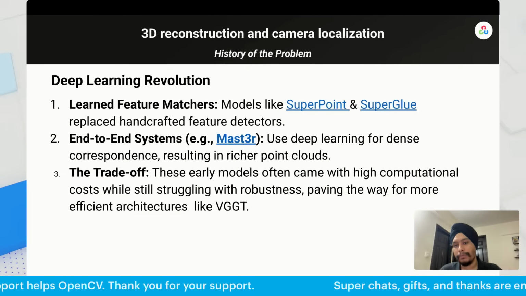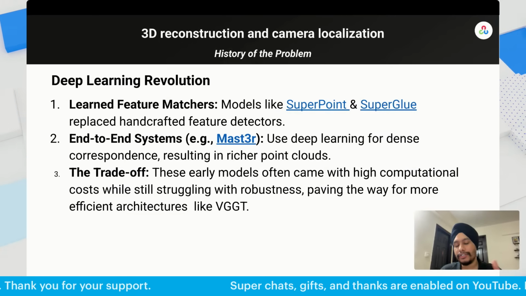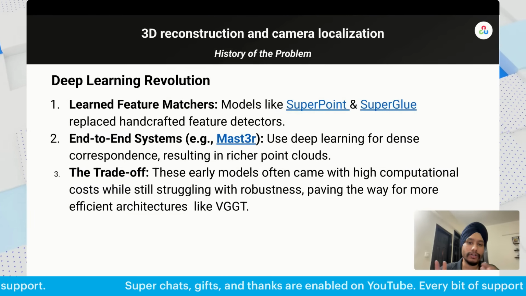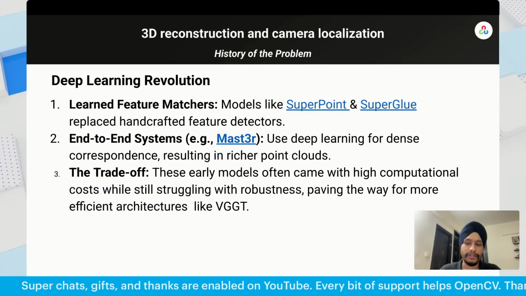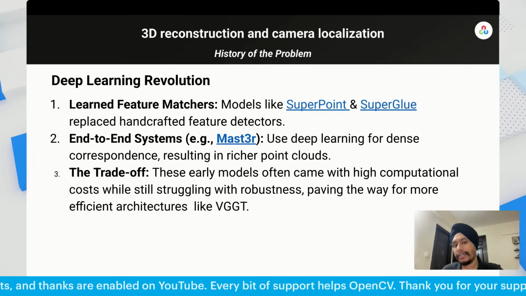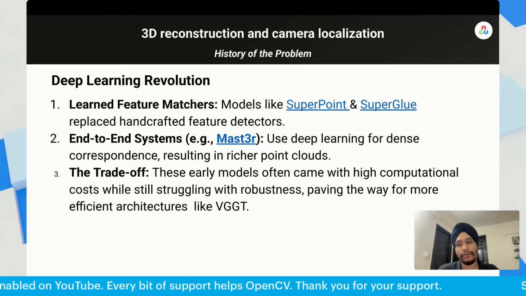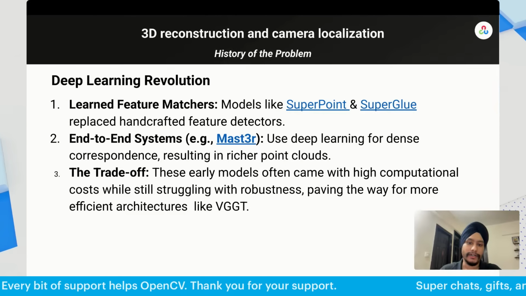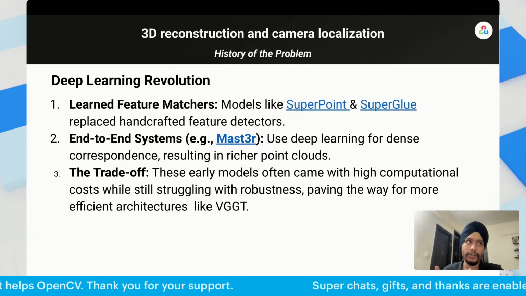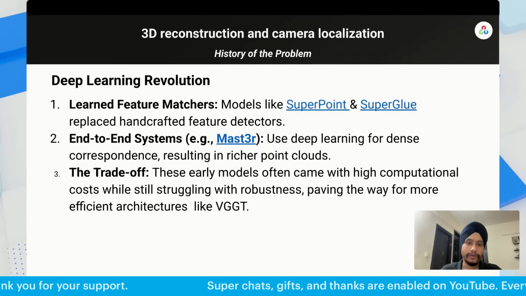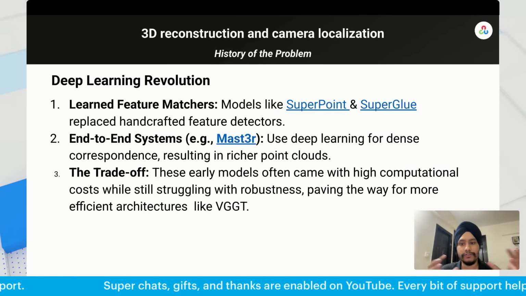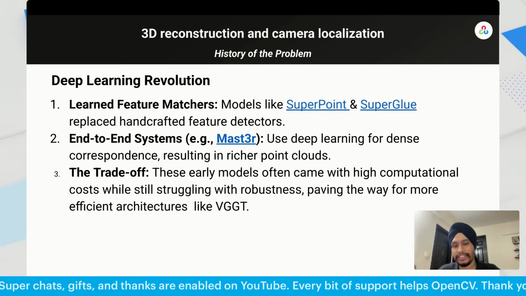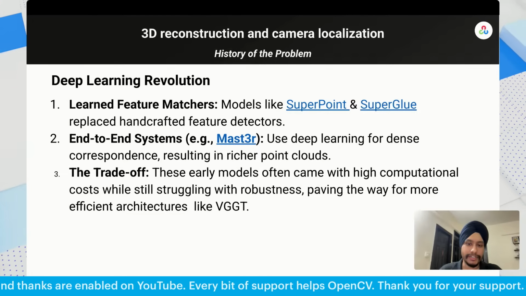Building upon these deep learning feature matchers and detectors, something called MASt3R also became very popular, which again used deep learning for dense correspondence. So this again is built on modules, blocks. One block is doing the point detection and feature matching, and the other block is doing the SfM and then the dense reconstruction.